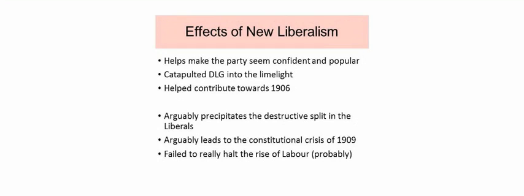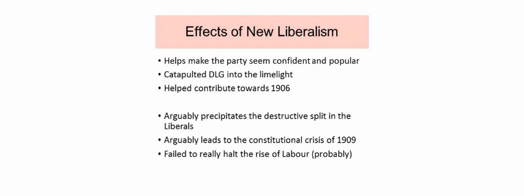This starts a division between the Gladstonians and the New Liberals, which will continue until 1916. And it is interesting that the New Liberals side almost entirely with David Lloyd George, and the Gladstonians almost entirely with Asquith.